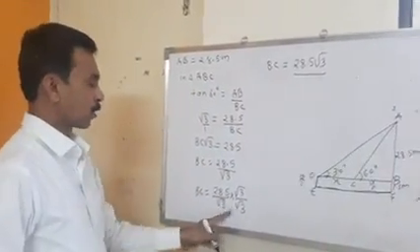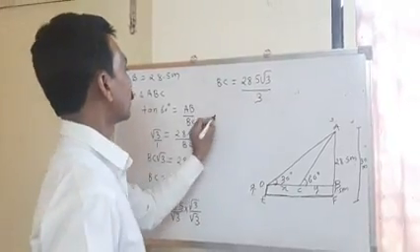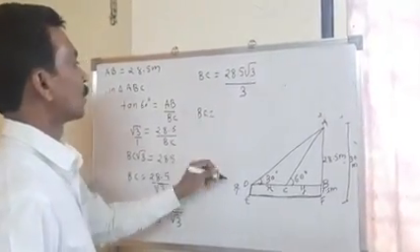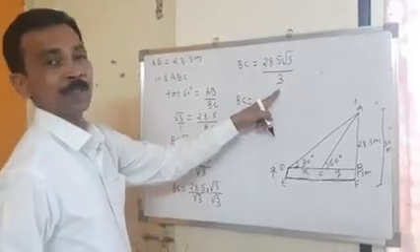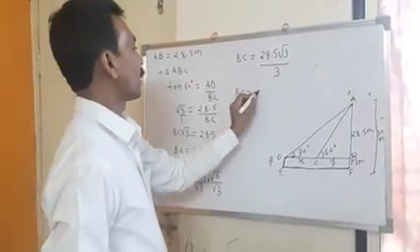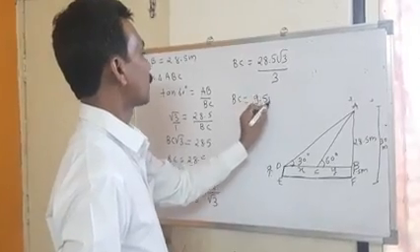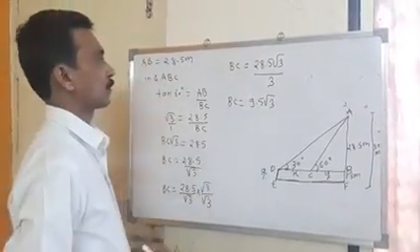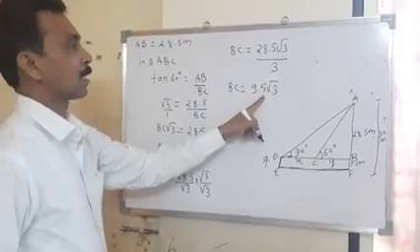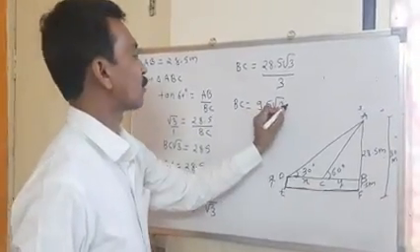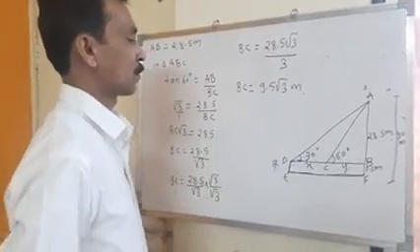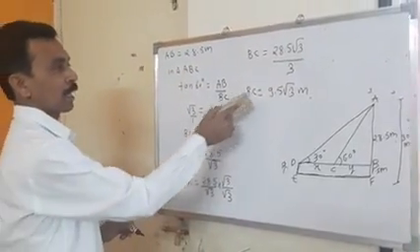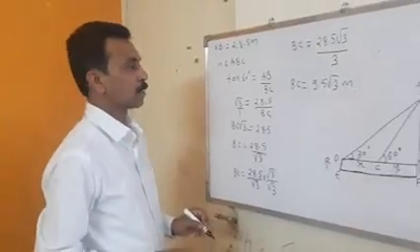Denominator, root 3 into root 3, 3. Now divide 28.5 by 3. It will be 9.5 root 3. BC we got 9.5 root 3 meter.